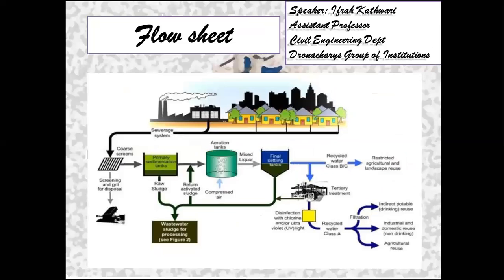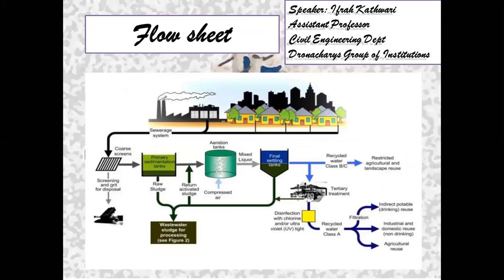Coming to the flow sheets that I'll be showing today. So yes, this is the flow sheet and the wastewater treatment processes that take place to clarify the wastewater for suitable use. So yes, every home or business uses water and generates wastewater.